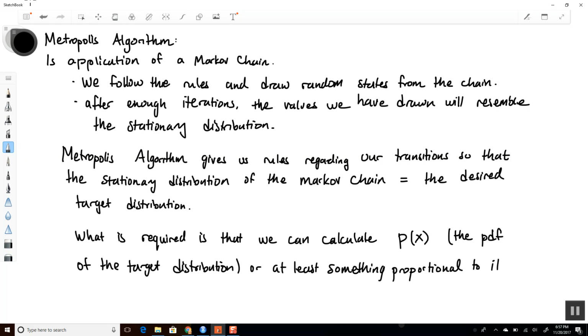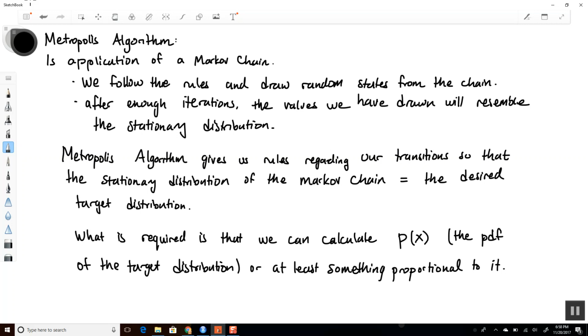Proportional to it. Okay, which is great because, like I said, in Bayesian statistics, oftentimes we have a target distribution that we want to get a hold of, but it's so complicated we don't know that normalizing constant. We can at least get something proportional to it, even if we don't know the value that goes in the denominator, right?